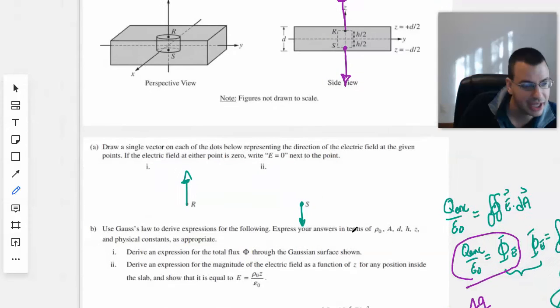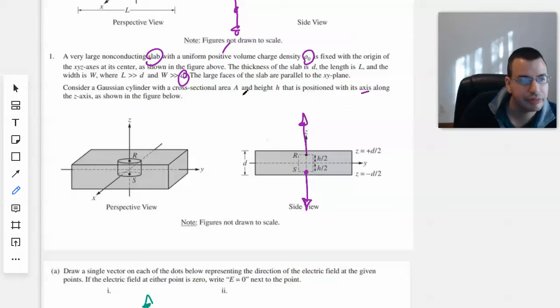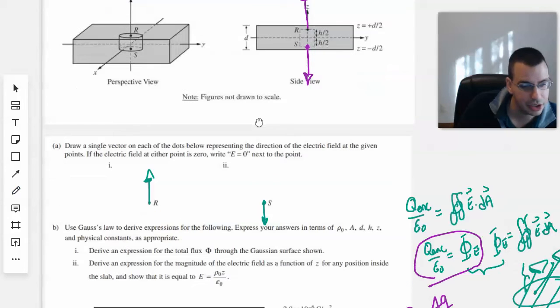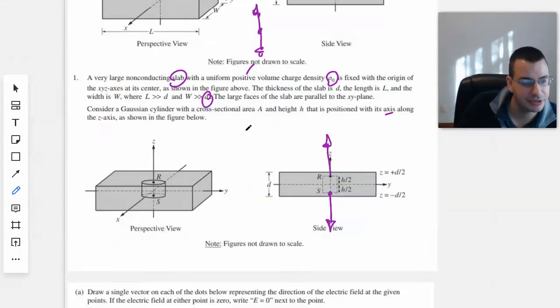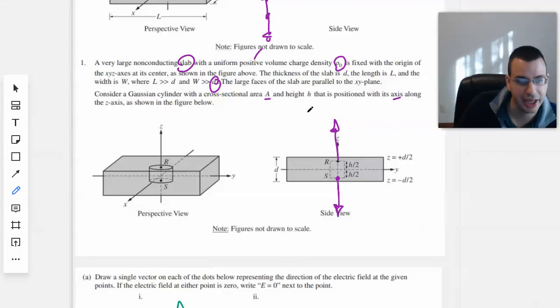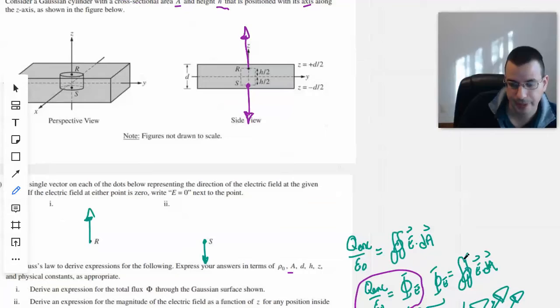They give us A. What was A? I assume A is the area. Did they tell us what A was? They give us so much information. Cross-sectional area A and height h. Okay.